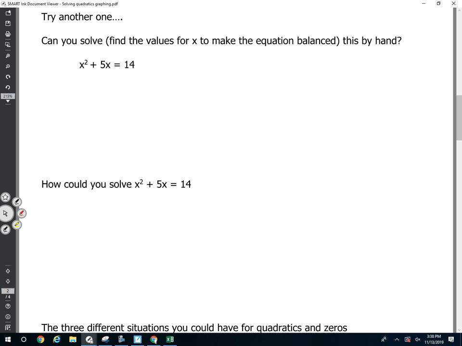Now, we could, if we wanted to, solve this graphically very quickly. You could graph y equals and y equals. You can find the intersections. But I got a problem if I do that in my standard window.